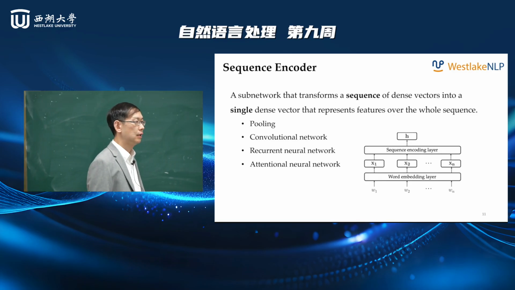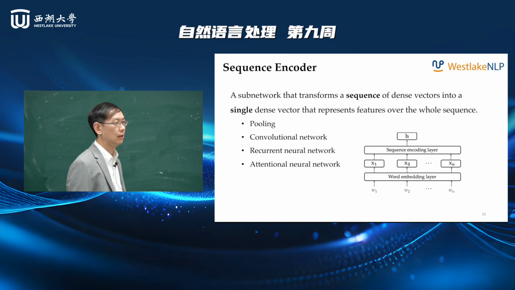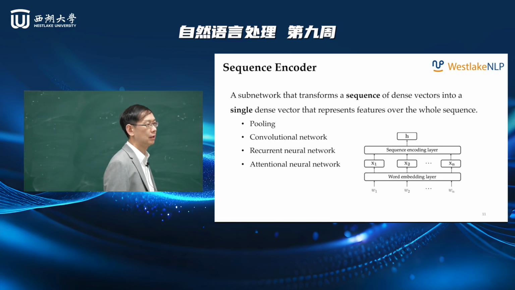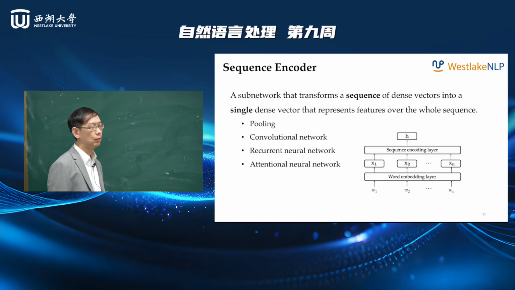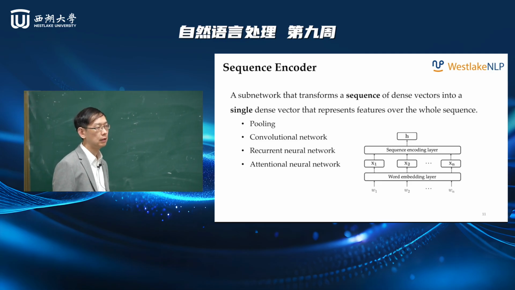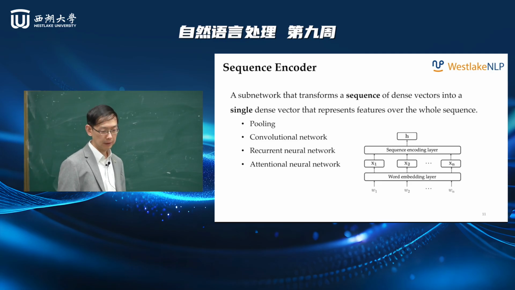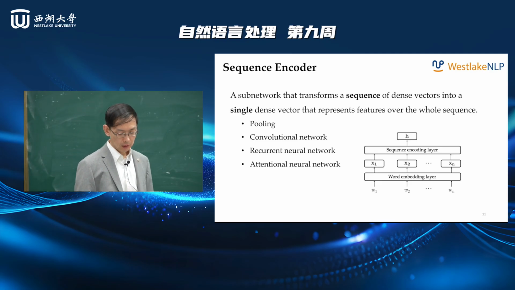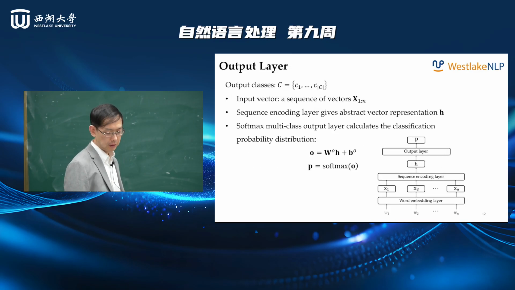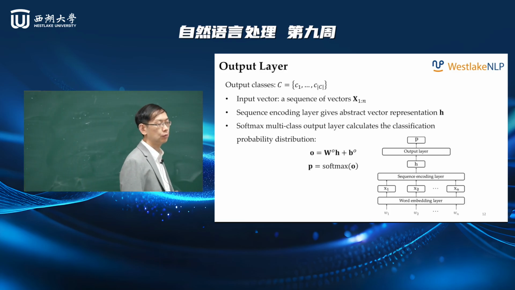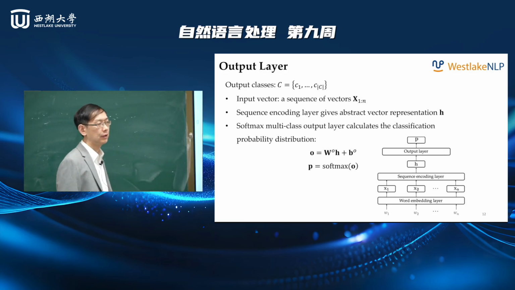But maybe you say some of them are familiar to me because I learned convolutional neural network in machine learning. You will find that these could be slightly different in NLP. So after you get these sequence representations, then you can connect an output layer on top of the hidden layer.